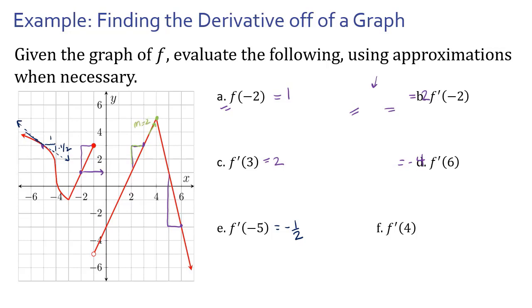But when I look at it from the right-hand side, what that limit is as I'm approaching 4, I see that that is negative. It's that -4. That's the slope of that line. So because the limit as you're approaching 4 from the left and the limit as you're approaching 4 from the right are not the same values, that means that limit doesn't exist, which means that the derivative does not exist. There is no constant rate of change that's happening there.